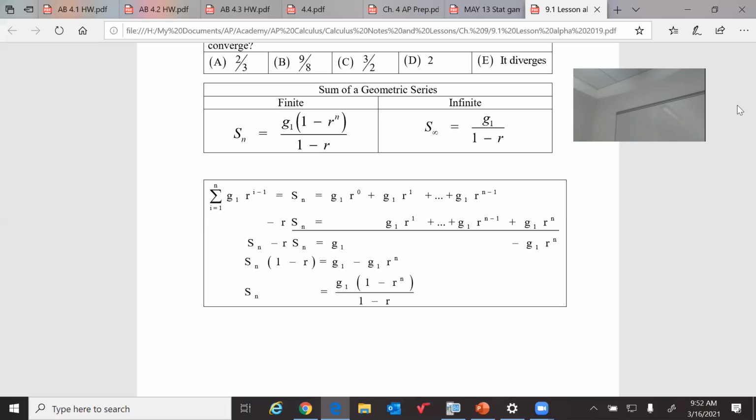It's a limit. 1/2 times 1/2 times 1/2. It's getting smaller and smaller. It's going to 0. In that example, 1/3 times 1/3 times 1/3 is getting smaller. So if it's infinite, R to the n is going to 0. So you would just have 1 times G sub 1, and that would be the sum. For an infinite geometric series.